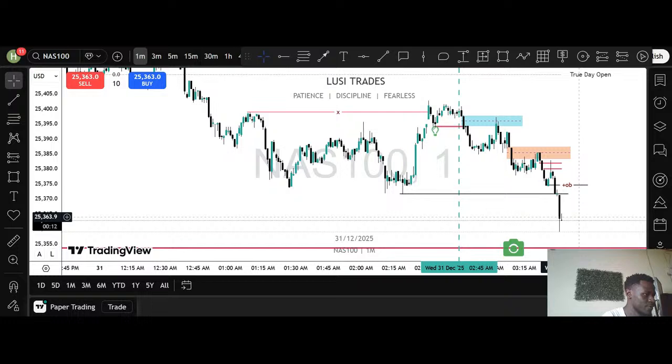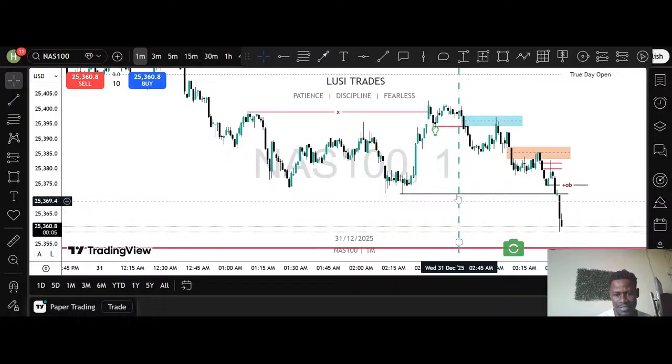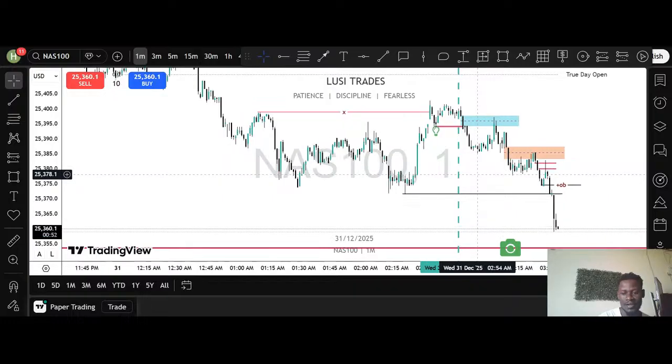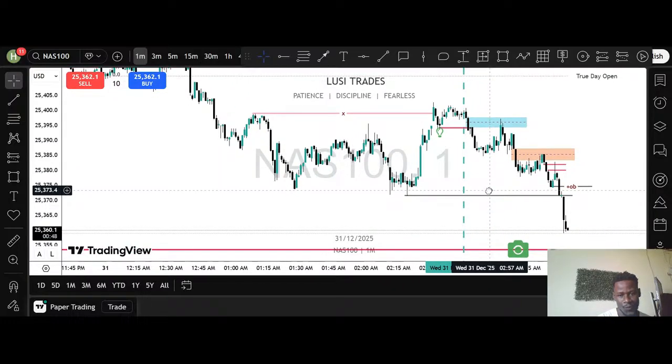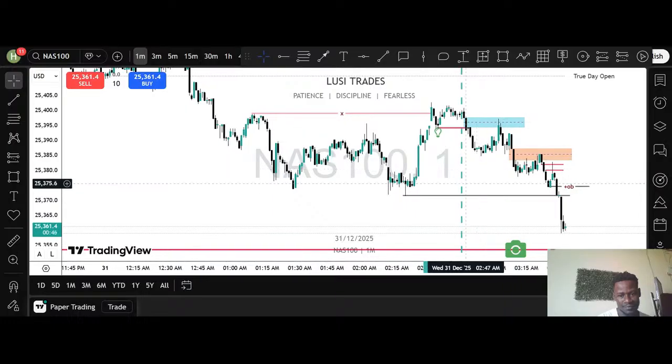I'll one day share why I like marking this level. So when I was starting, I did say that when I'm trading the New York AM session, I normally like the 10:30. And when I'm trading the London session, I like the 2:45. You guys will come to realize why these times.